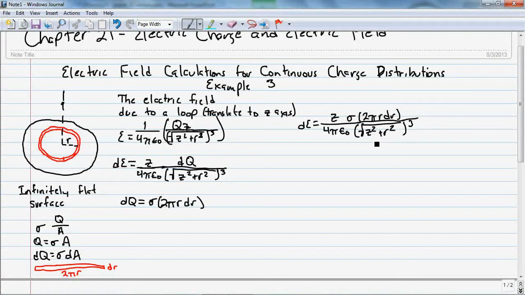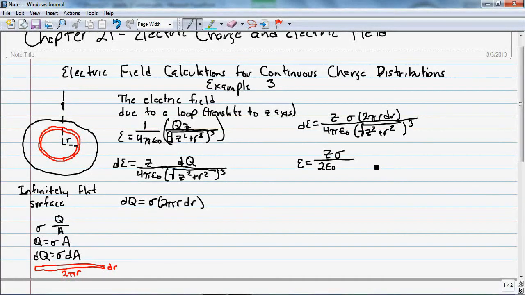And now I have a differential in r, so this square root to the third power is going to have to be evaluated. Now I can do simplification and go for my electric field. The 2 pi is going to cancel out part of this 4 pi, and I'm going to get 2 epsilon naught in the denominator.